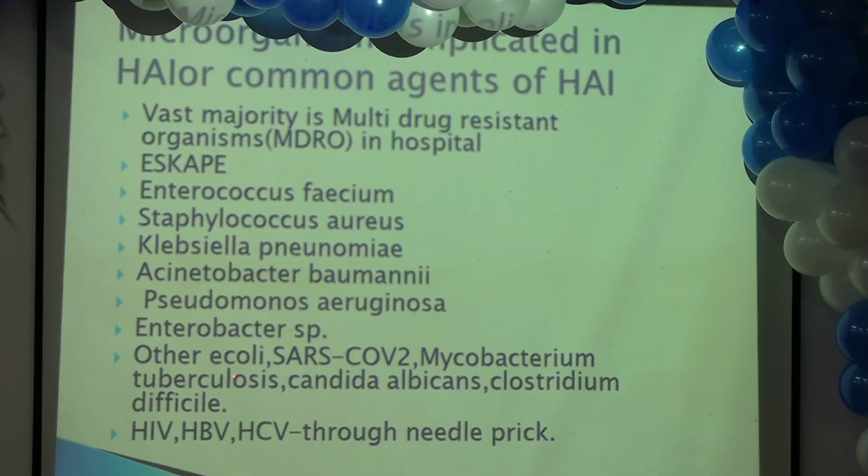Next are others. E. coli, we have many E. coli, and SARS-CoV-2 you already know. And then Mycobacterium tuberculosis. This is another bacillus which is very much vulnerable. If you have a patient of Mycobacterium tuberculosis, you have to isolate him in the hospital, because from his aerosol he can infect others, the nurses, doctors, patients.